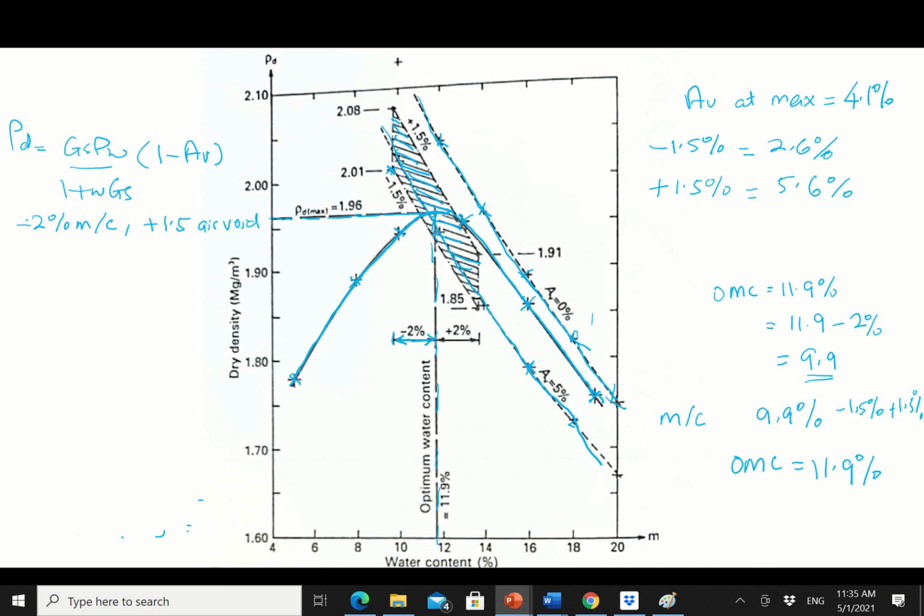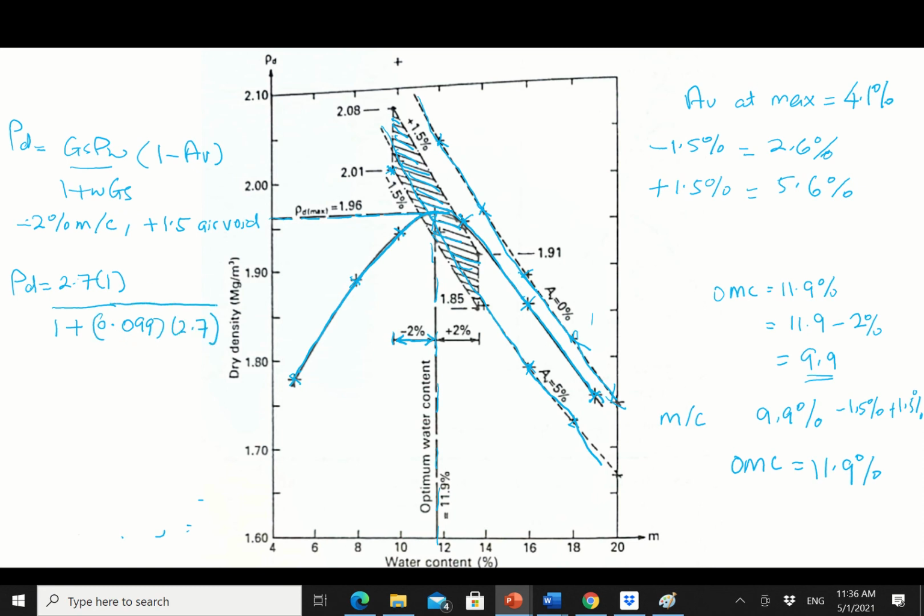So what I'm doing here is dry density: Gs is given by the value in this question, 2.7, and then you have rho W, which is 1. I have 1 plus negative 2% moisture content, so that will be 0.099, times Gs 2.7.